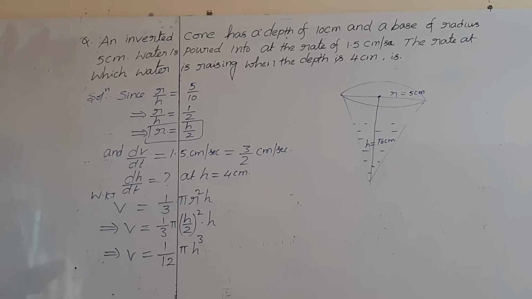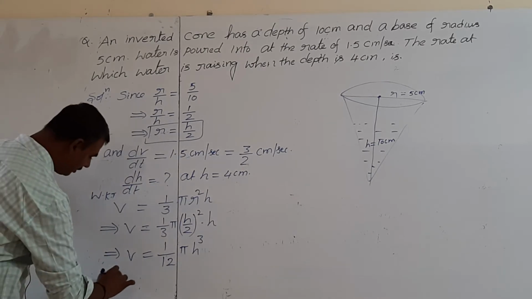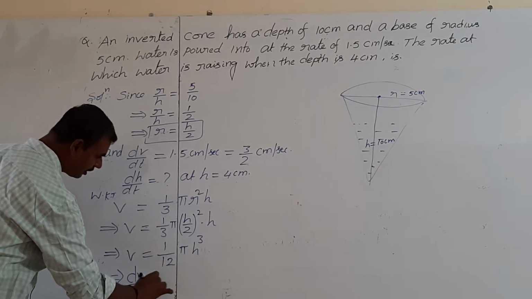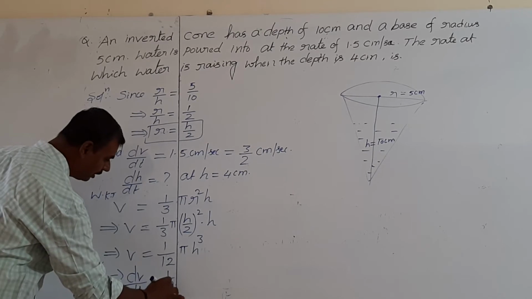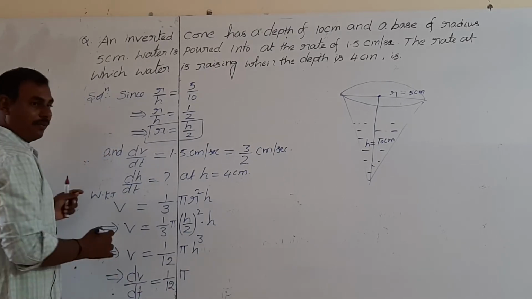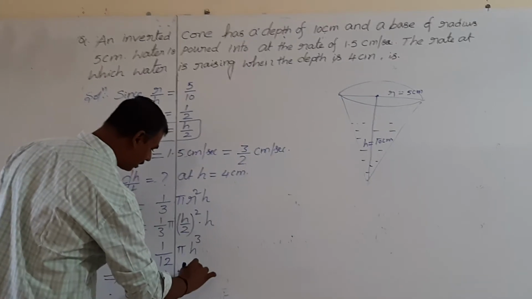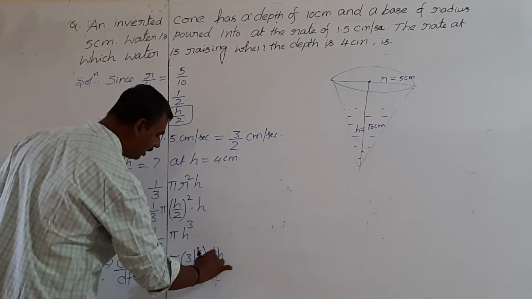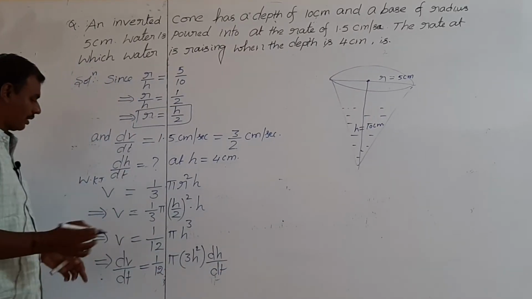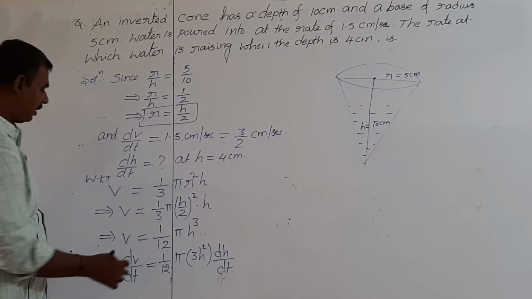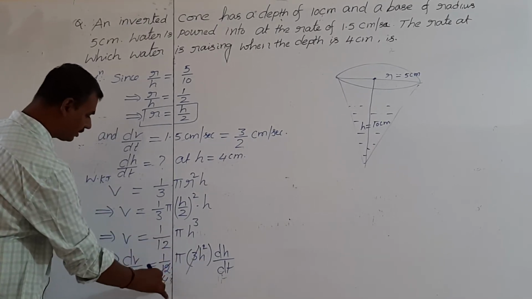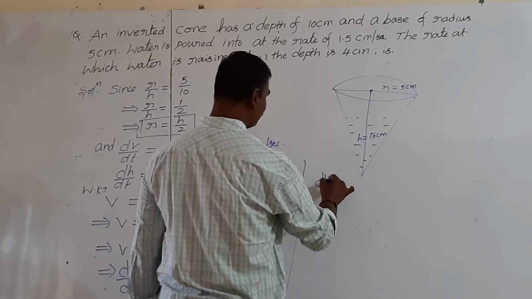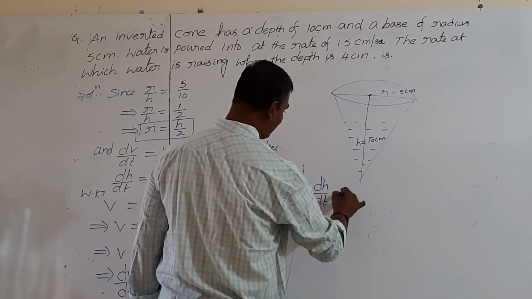The remaining concept is the same. Applying differentiation with respect to time, dV by dt is equal to 1 upon 12 into pi, differentiation of h cube, 3h square into dH by dt. Now 3 goes into 12, 4 times. Simplifying, we need to find the dH by dt value.